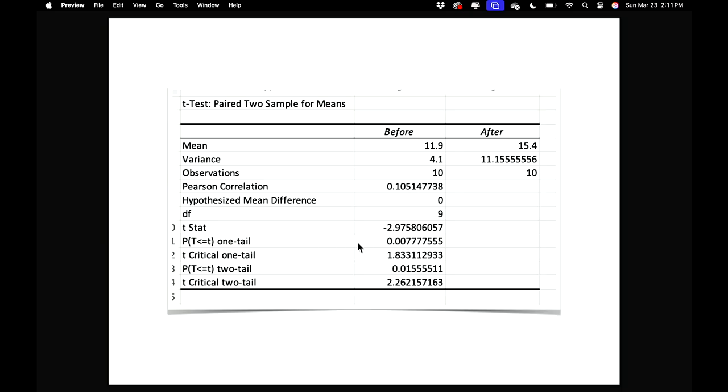Here's the t statistic. It's minus 2.97. And the one tail says it was significant to the 0.007 level. If we're looking at the two tail significance, we're looking at the 0.01, which is, again, less than 0.05.